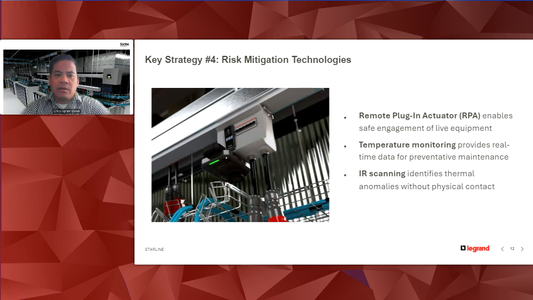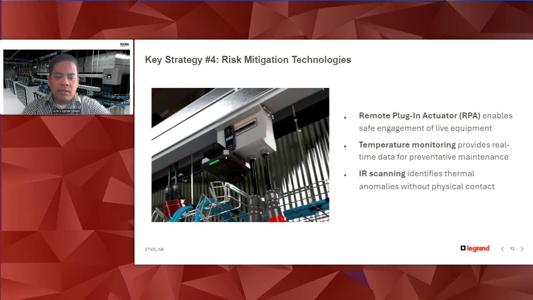So let me take a step back here. You can insert this tap off live into the bus without engaging any electrical conductors, install this remote plug-in actuator, step away from the arc flash zone, up to 30 feet away, and then remotely engage the electrical conductors into the busway system while the busway is still live.